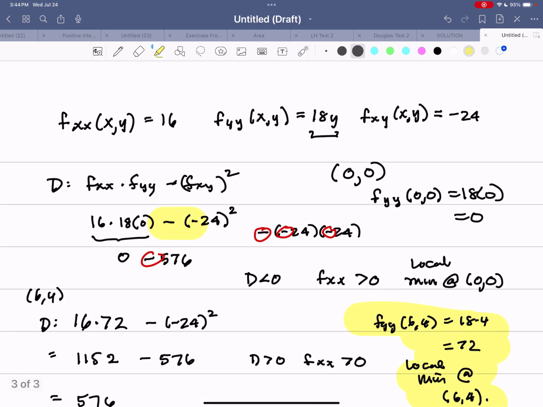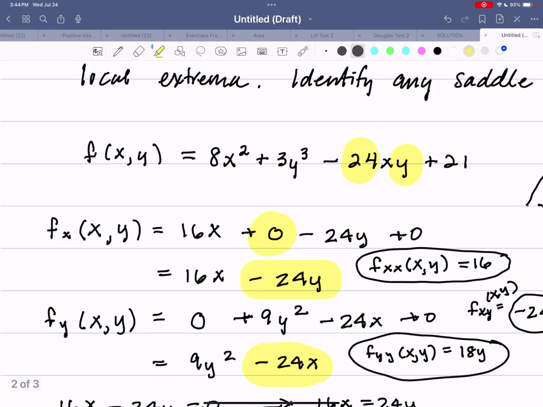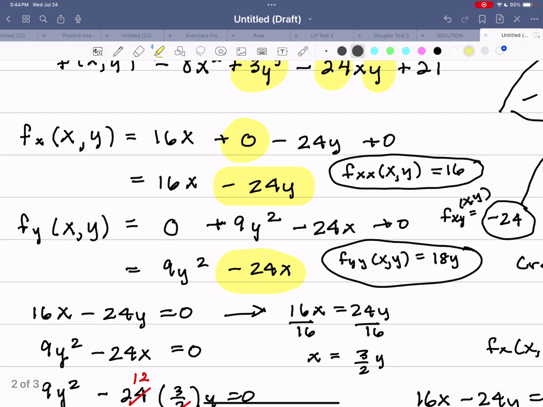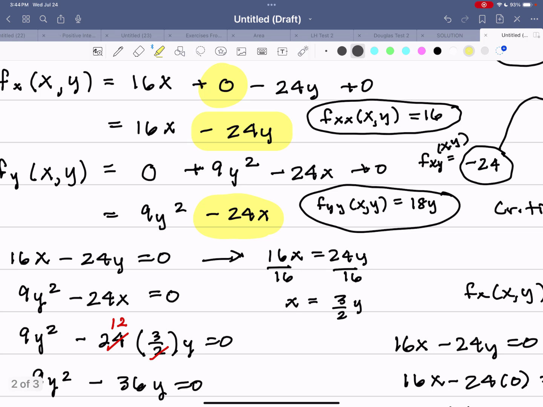So like we did when we were taking these derivatives, and we said, oh, okay, so y is going to be a number, and therefore its derivative is 0. So just remember to treat that other variable as a number, and that when you have the notation with the double x or the double y, that means you take the derivative a second time, paying attention to which one of the first derivatives you have to use.